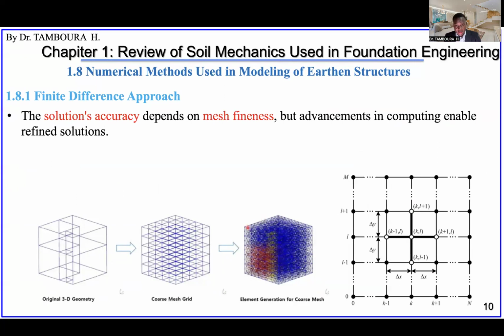The more you divide this element, the smaller they are, the more accurate a solution you have. This means if you need a better solution, you have to divide your geometry into finer elements and study each of them. It will take more time. Okay.